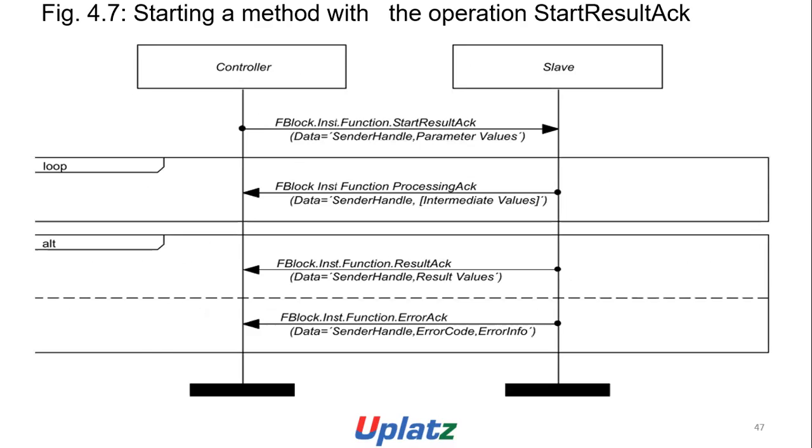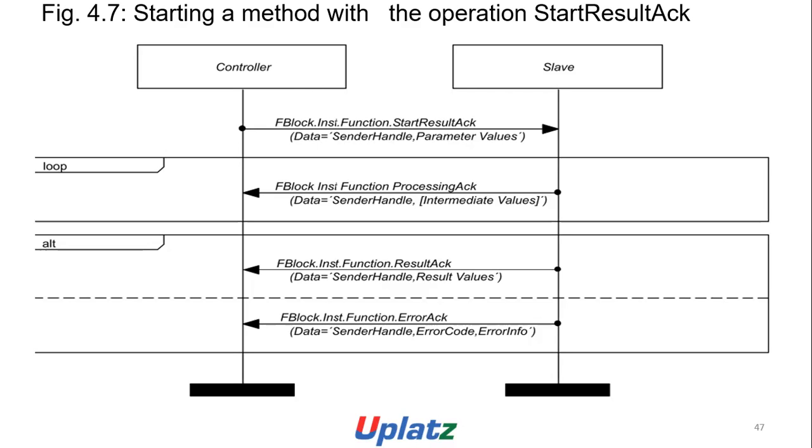Starting a method with operation start result acknowledge: the controller sends Fblock, instance, function, start result acknowledge, data, sender handle, parameter values. The slave returns Fblock, instance, function, processing acknowledge, data, sender handle, intermediate values, then the slave returns, in a loop, Fblock, instance, function, result acknowledge, data, sender handle, result values, and Fblock, instance, function, error acknowledge, data, sender handle, error code, error info.